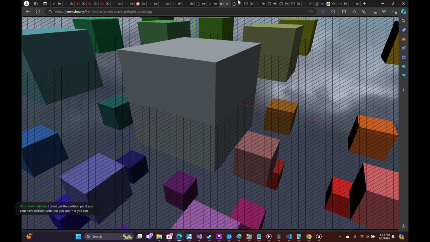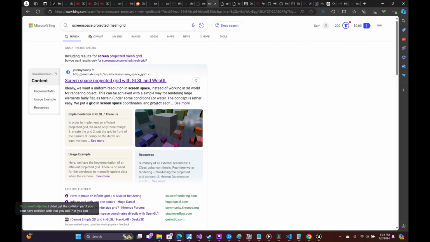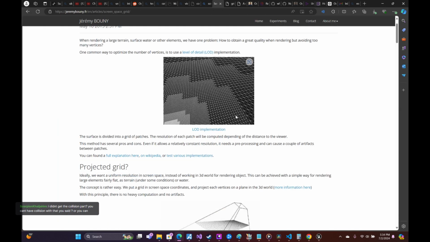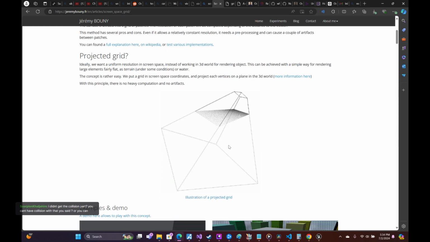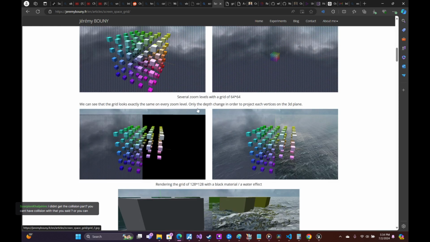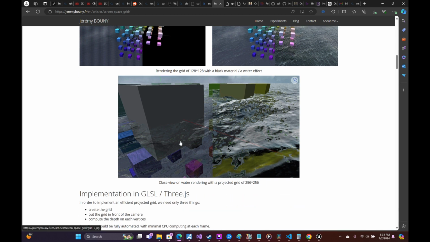So if we go back to this, this is what we've got right now. But you don't need collision with water because you just go in the water, you fall through the surface of it.